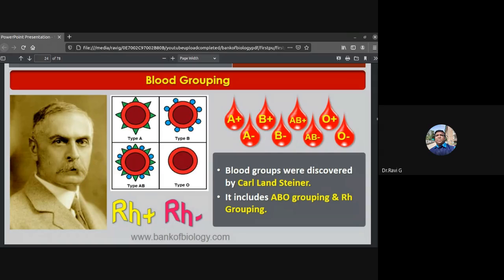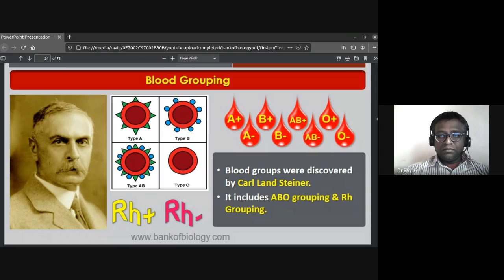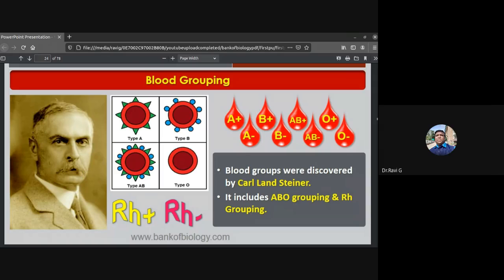Based on the presence of RH factor, if RH factor is there, it is positive. If RH factor is not there, they have negative blood groups. There are rare blood groups like Bombay blood group and other things, but they are all rare conditions. In the majority of the population, you have this type of A, B, AB, and O blood group in human beings.